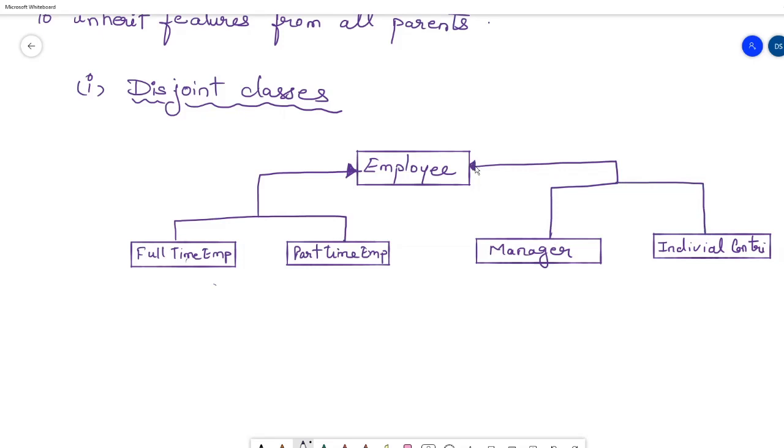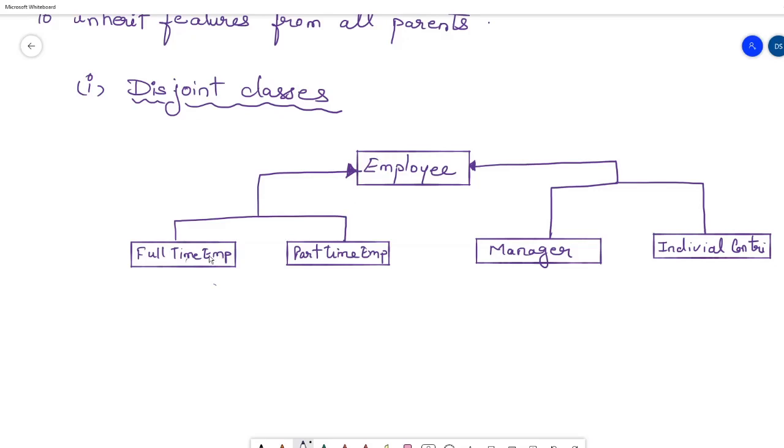From this we can say that these classes cannot have the same instance at a time and cannot play both roles, but they belong to a common base class.